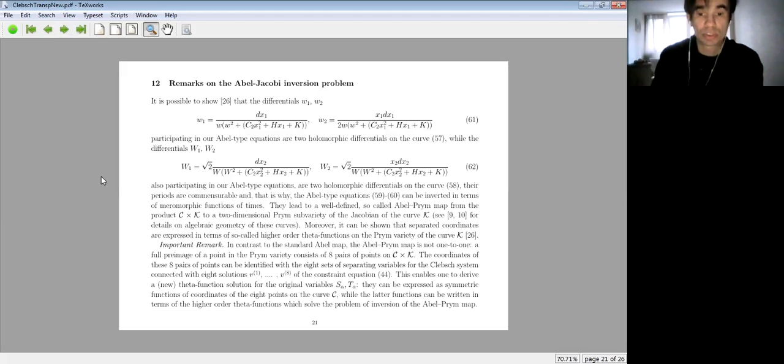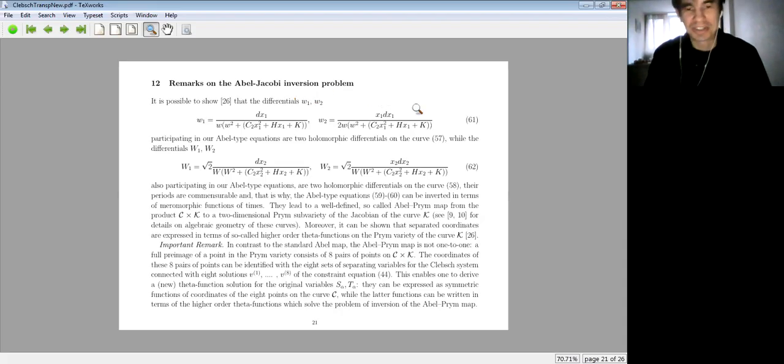So in other words, the map from the prime subvariety with times T1, T2 to the curve C times K is 1 to 8. But the map from the curve C times K to the initial phase space S alpha, T beta is 8 to 1.